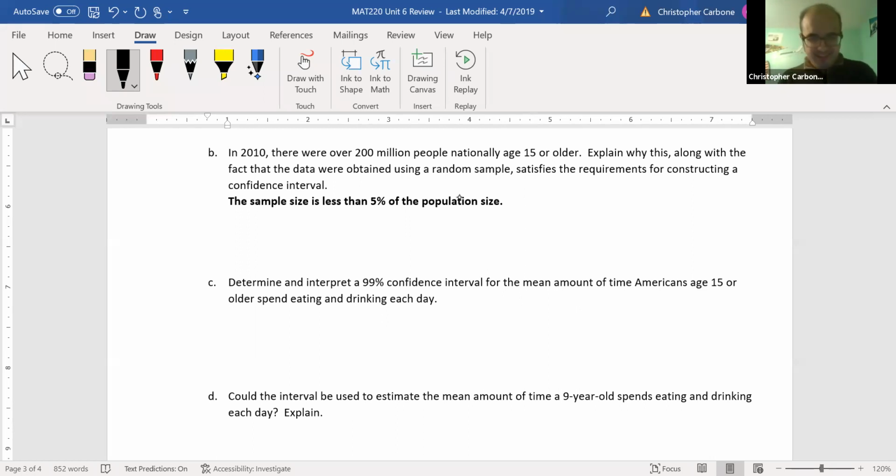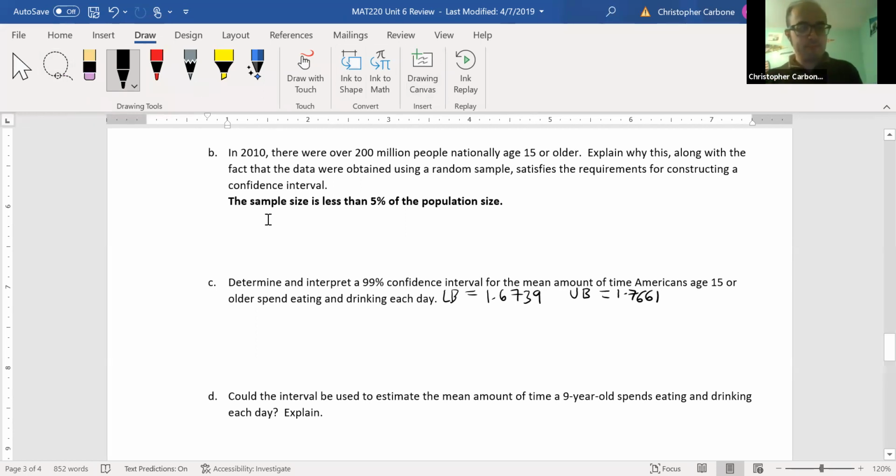All that fun stuff. So the lower bound, 1.6739, and the upper bound, 1.7661.